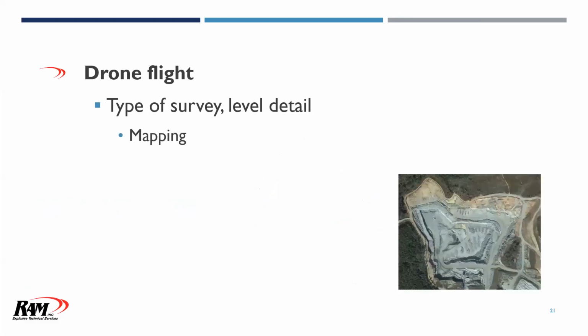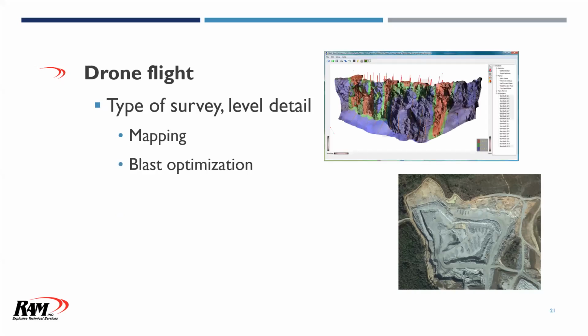If we're doing some general mapping, say we're trying to map the whole quarry, in a case like that, typically these can be done at a much higher altitude with a lower level of detail, because simply we're just trying to catch that terrain. We're not looking for any really defined characteristics of it. But with the software today, it's pretty impressive, the level of detail that you can pick up, even with some higher altitude type flights.